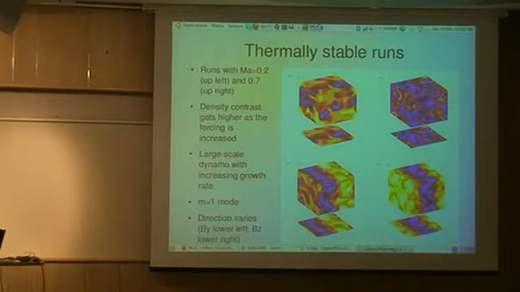This is producing a Mach number of roughly 0.2 and this 0.7. This is the magnetic field. With helical forcing, you get a large-scale magnetic field with a mode n equals 1. And the direction varies. In this case, it's By as a function of z, and here it swaps, and it's Bz as a function of z.